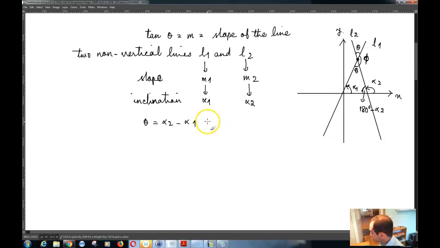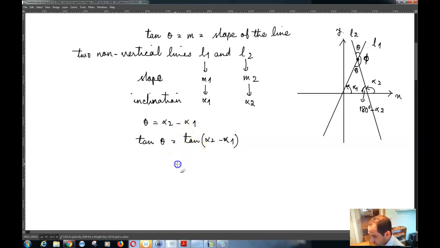There is also something about the measures of alpha 1 and alpha 2, which is not that important right now. So I can write tan of theta is equal to tan of alpha 2 minus alpha 1, because the angles are equal.